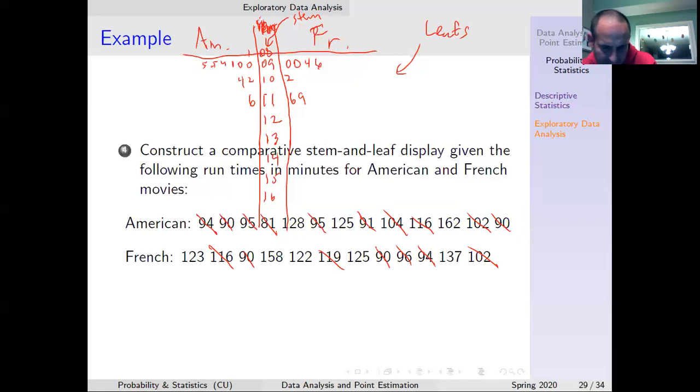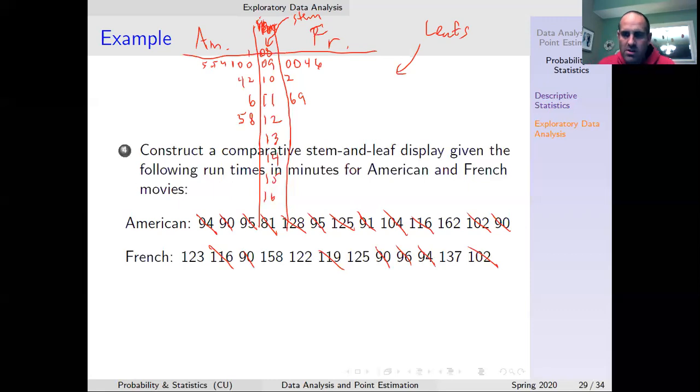What about 1, 2? On the American side, I have a 128. And what's going on with the French side? I see a 128 and a 125. And notice one thing that's kind of nice is even if I miss one, it doesn't really matter. I'm still stacking things up here.